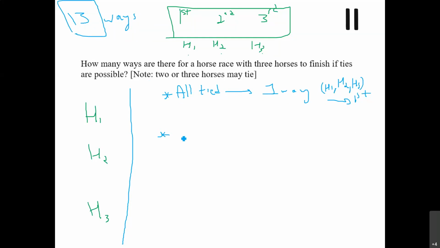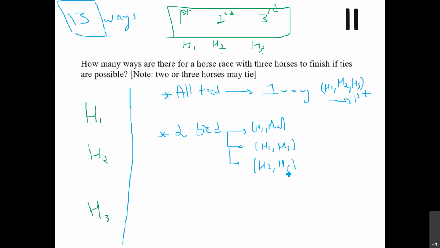Second way of thinking is two tied. Well, how many ways can two tie? Three. Horse one and horse two, or horse one and horse three, and then finally horse two and horse three. That's all the ways two can tie.